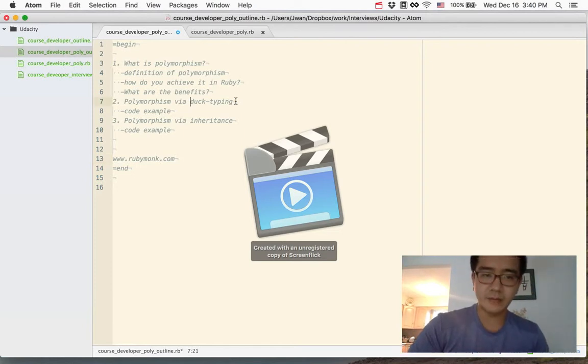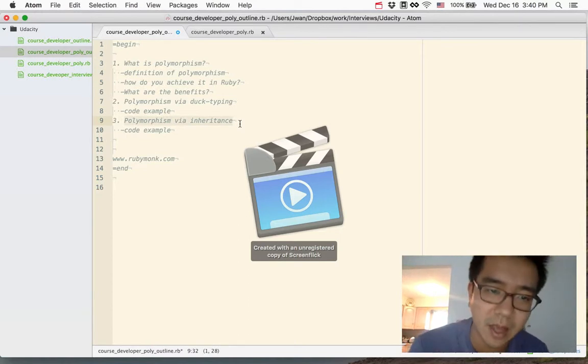In part two of this lesson, I will talk about polymorphism and how to achieve it via a concept called duck typing. And I'll provide an example piece of code that implements polymorphism via duck typing. And then in part three, I will also be teaching by example, but this time I will implement polymorphism via a concept called inheritance.